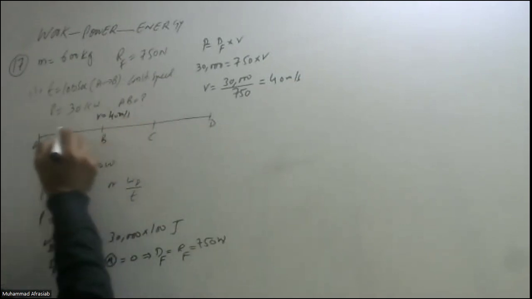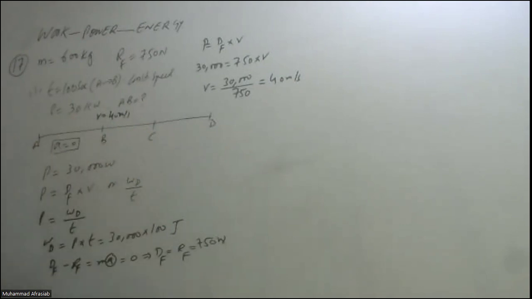At the point B, speed is 40 meters per second because it is constant in this motion from A to B.